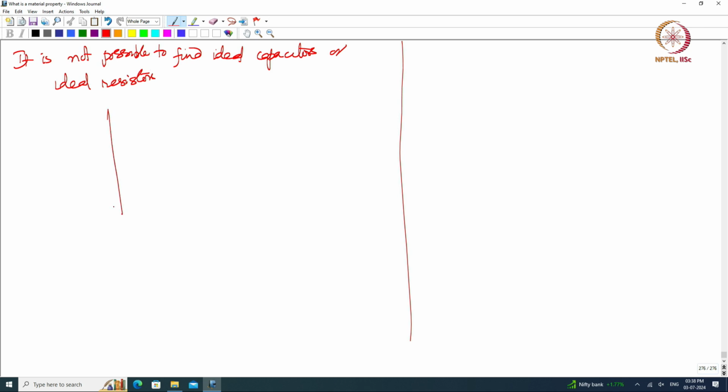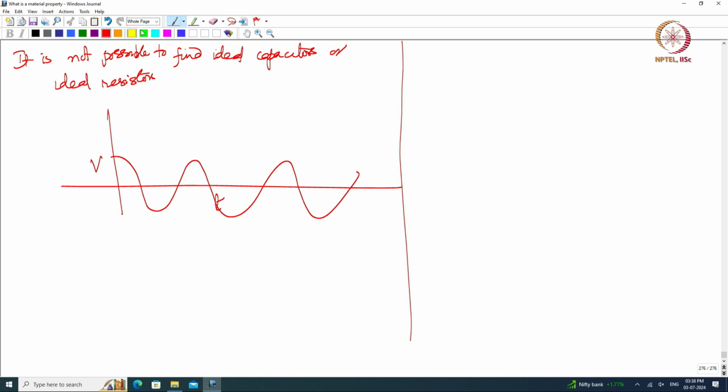Now, how do I know that? When I actually apply V versus t, which is a nice cosinusoidal waveform, and I measure I versus t, I generally get phase differences which are neither pi by 2 nor 0, right.